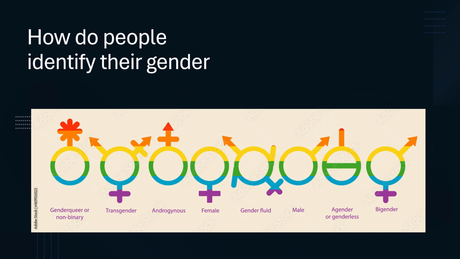But if they're transgender, they're going to identify themselves, if they were born female, as male. Then we have non binary. This is when a person does not exclusively define themselves as a man or woman, or they can see themselves as both. So there's no definition of I'm a man or a woman. They can decide if they want to be a man, a woman, or they can be both in that sense.